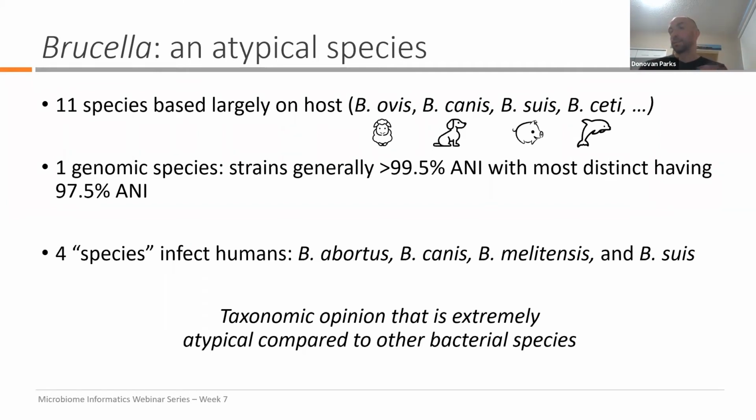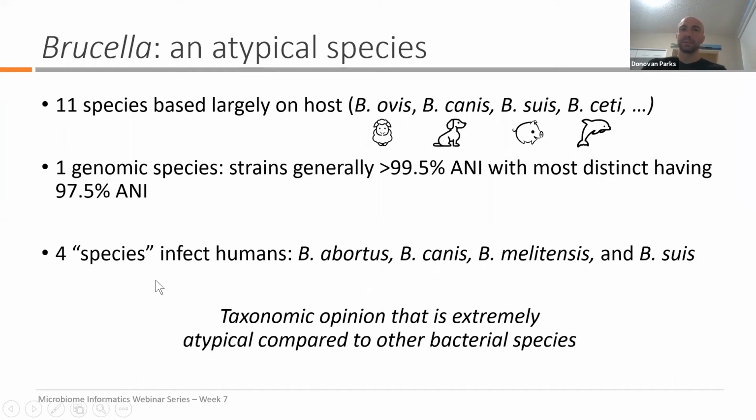Now, perhaps from the point of view of a clinician, it might be very sensible to define these strains based on the animals they affect. I'm not an expert in Brucella, but given the high genomic similarity here, it's really not clear that these strains are actually host specific.